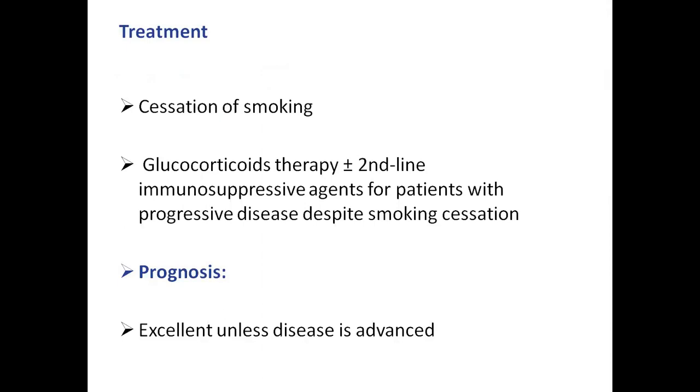If the fibrosis is quite advanced, then glucocorticosteroids or immunosuppressive agents are also used along with smoking cessation. And as we said, the prognosis is quite excellent, especially compared with usual interstitial pneumonia. So this is the end of my video.